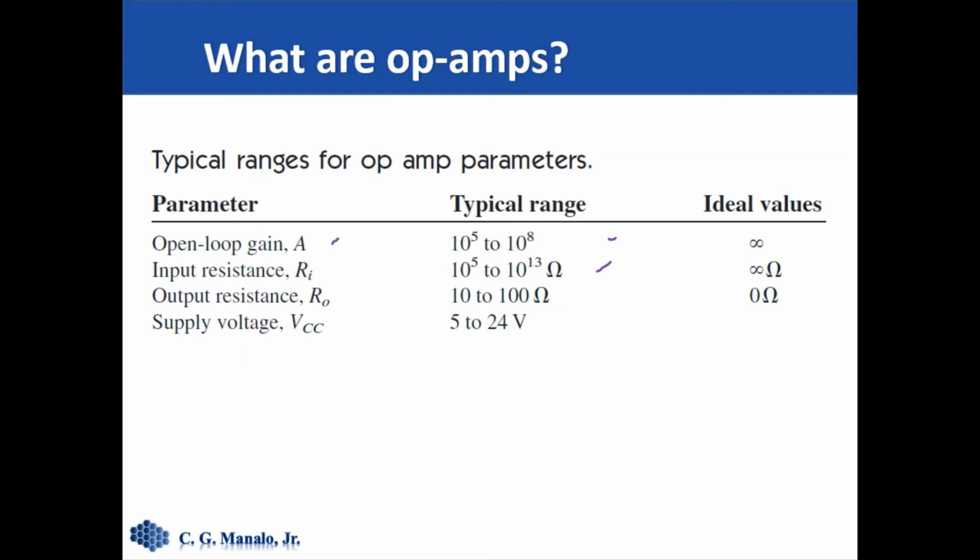The output resistance, as I mentioned, is very small, and the supply voltage of the op-amp usually ranges between 5 and 24 volts. Now, sometimes we use ideal values for these parameters. For the open loop gain, we usually assume that to be infinity, same with input resistance, while for the output resistance, we usually assume that to be a zero resistance.